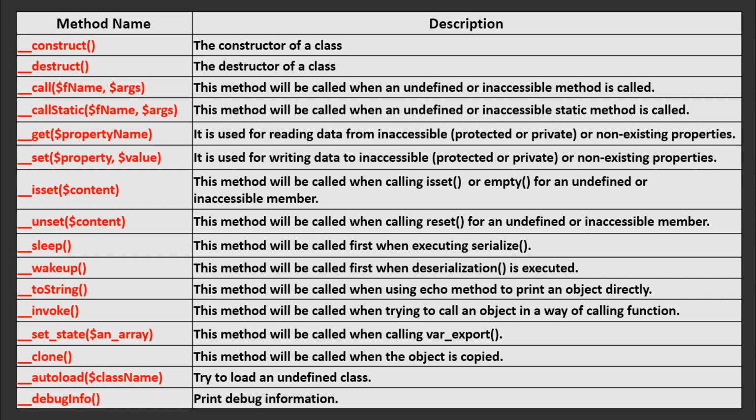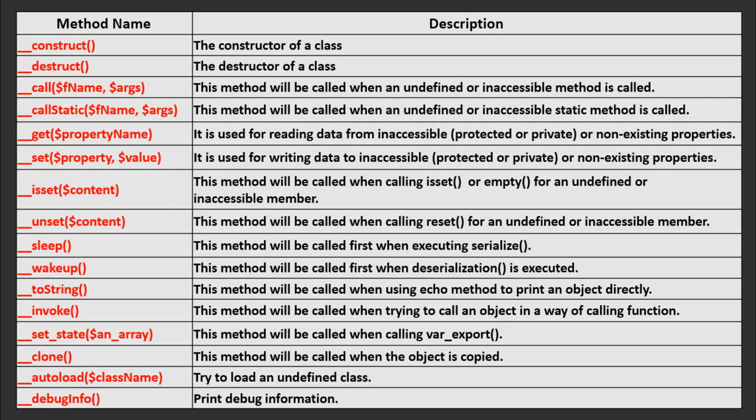This method will be called first when executing serialize. The double underscore wakeup method. This method will be called first when deserialization is executed. The double underscore toString method. This method will be called when using echo to print an object directly. The double underscore invoke method. This method will be called when trying to call an object in the way of calling a function.